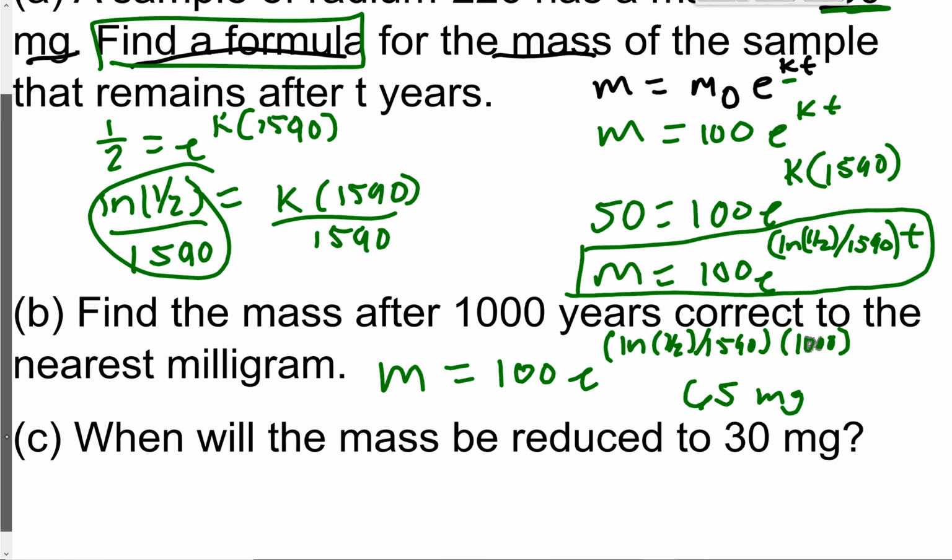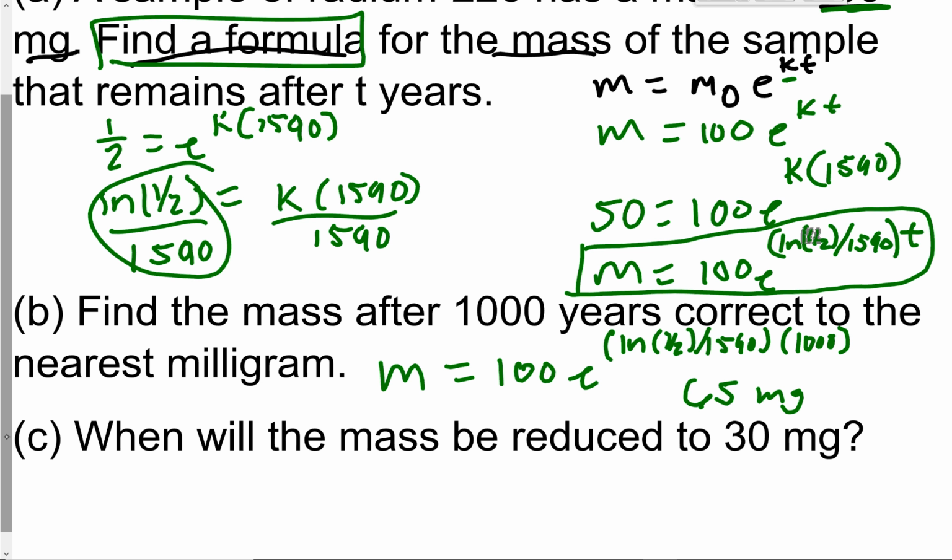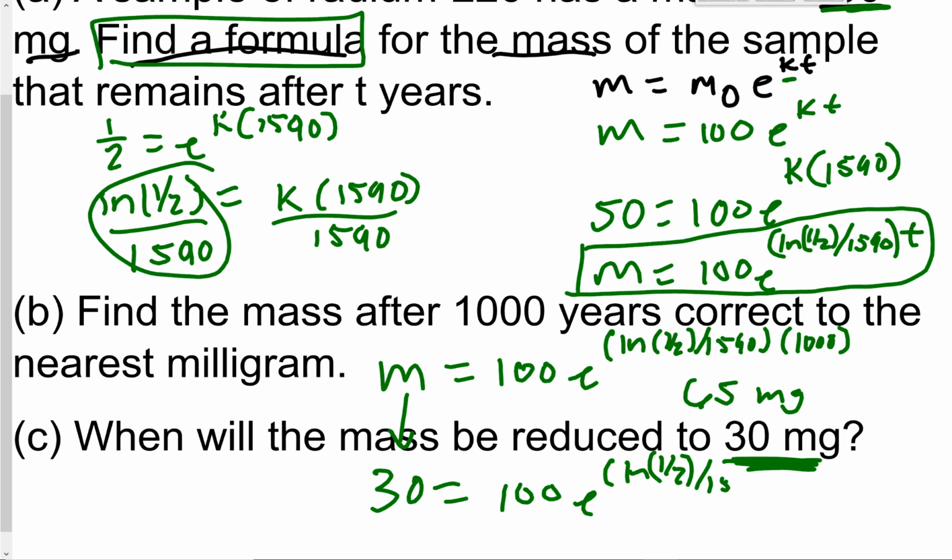Now we can figure out, how long will it take to get to 30? So this is a little bit more work because now that's how much mass we want at the end. So that's our M at the end. This is 100. We have this ln of 1/2 divided by 1590, and then times t. So again, we want to solve for t.